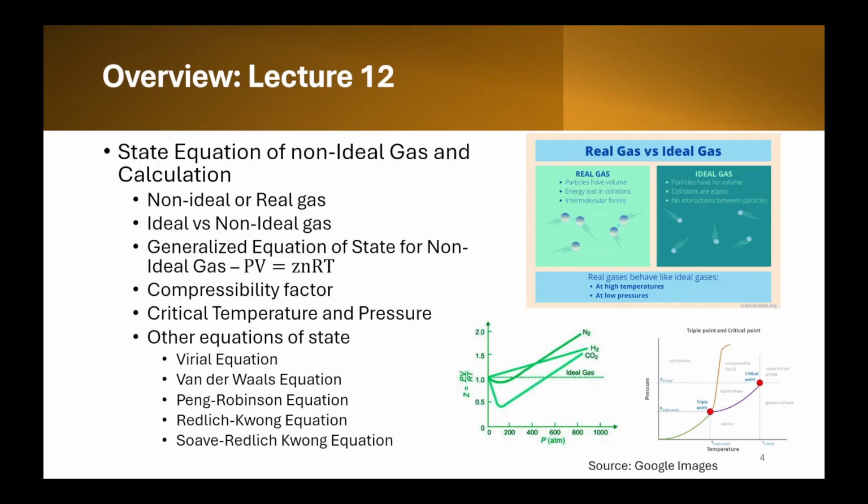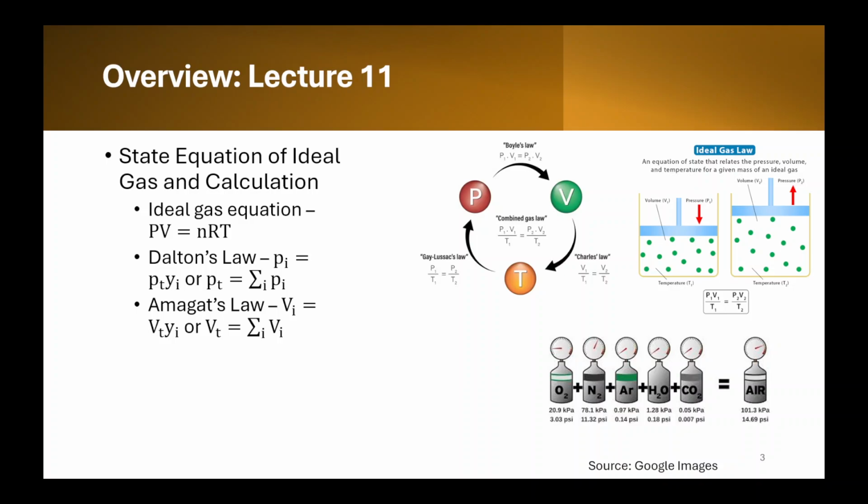The 12th lecture dealt with the state equation of non-ideal gas and calculations. Basically, we first need to know what is meant by ideal gas behavior. An ideal gas has two characteristics.